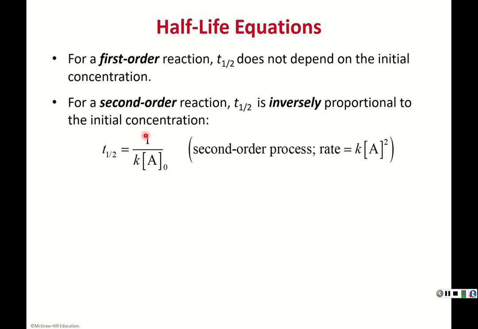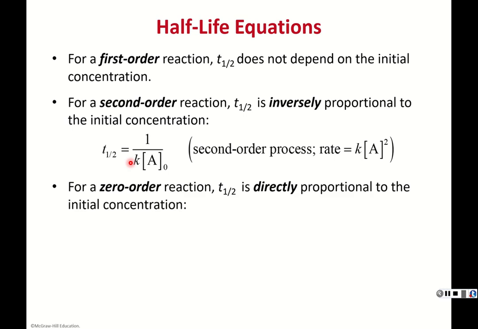So our half-life for a second order is equal to 1 over k times A naught. And for a zero-order reaction, the half-life is directly proportional to the initial concentration. So the half-life is A naught over 2k.